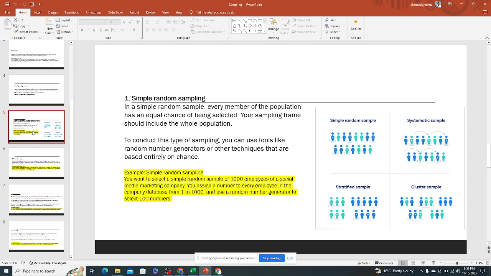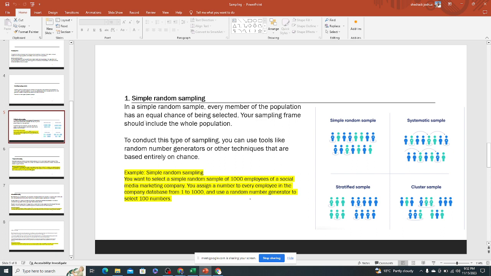From the term random, we are randomly selecting our sample from the population, so it does not have any specific pattern. In a simple random sample, every member of the population has an equal chance of being selected.